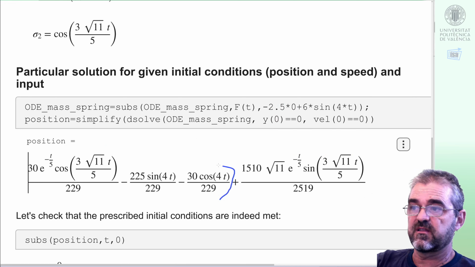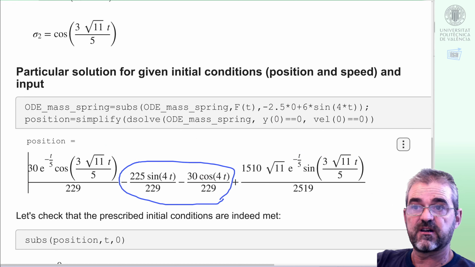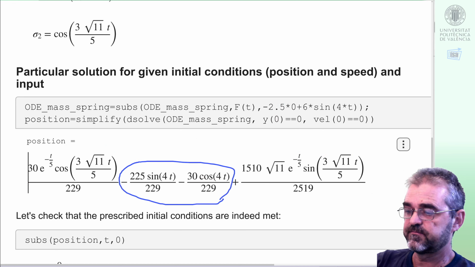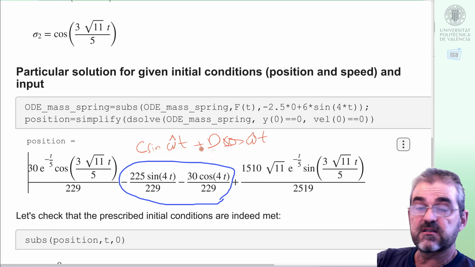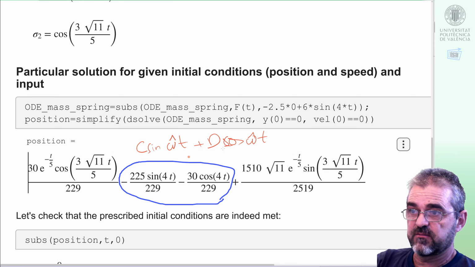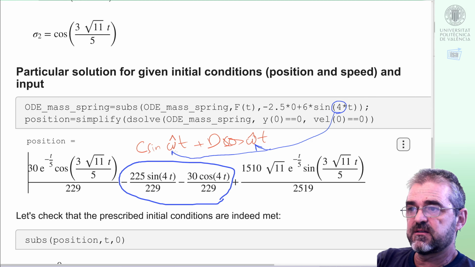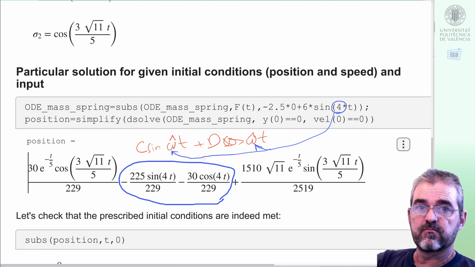The next important thing that we see are these terms. These are some trigonometric terms like this with no exponentials, important, oscillating at the same frequency as the forcing input. These are so-called forced vibrations that do not decay.